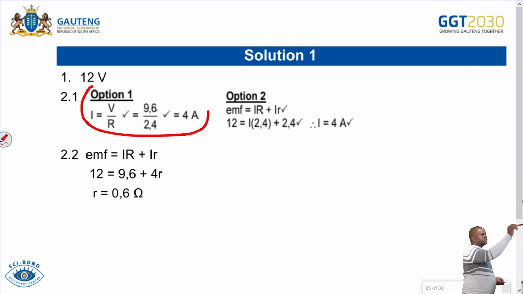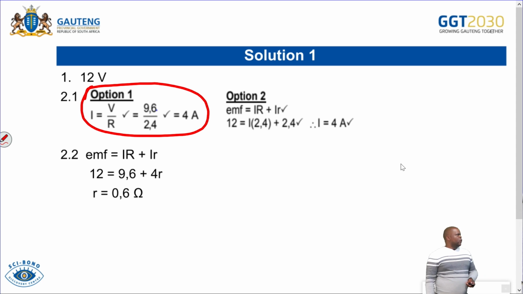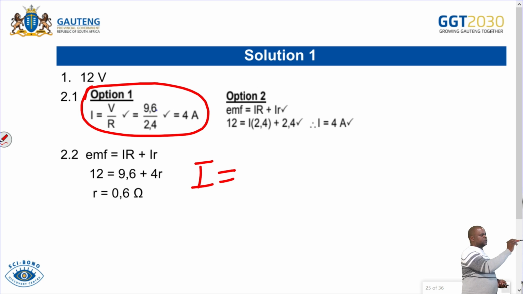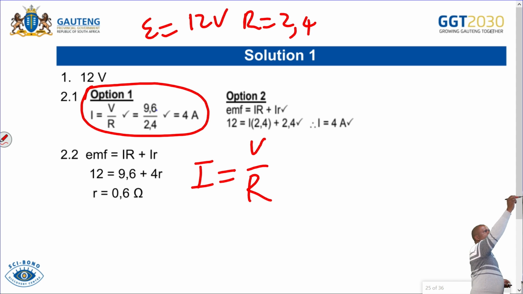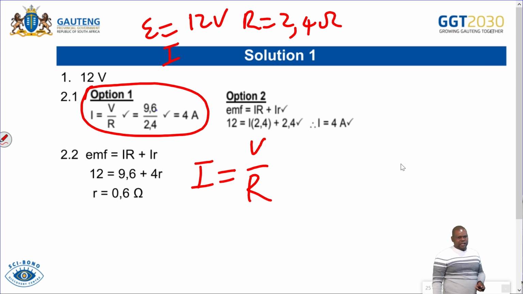We use the formula I is equals to V over R. We know that the EMF is 12 volts, and we're given that the resistance is 2.4 ohms. Now we're looking for I, the current. Then this formula is easy for us.